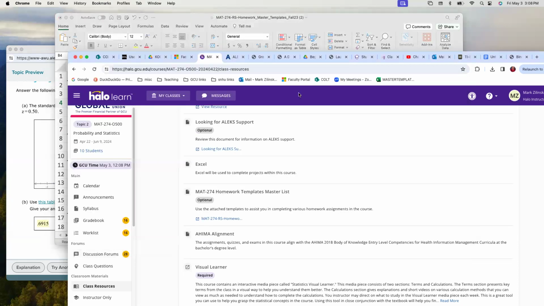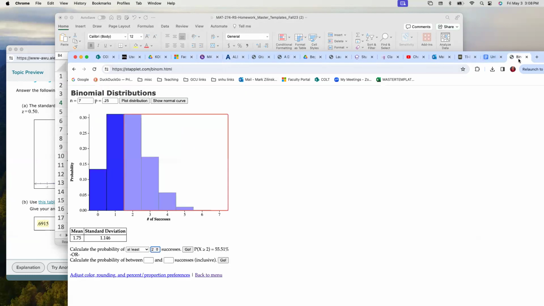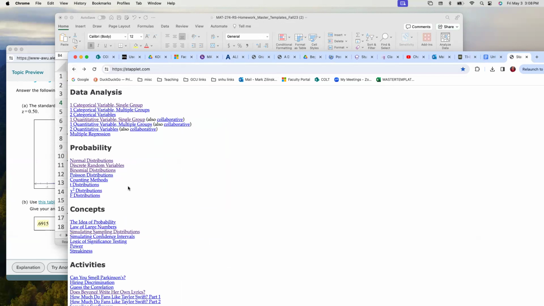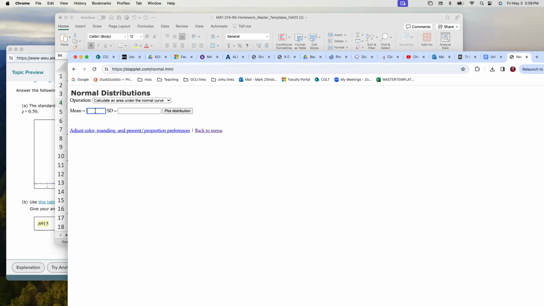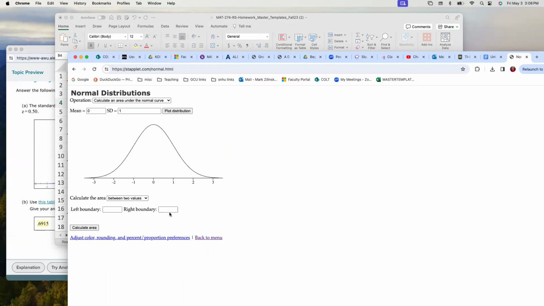And then the other option is to go back to the Statlet main menu here and get into normal distribution. We'll jump in there with a mean of 0 and a standard deviation of 1. Plot that distribution. We want to go to the left of a value, so we'll do that and put in 0.5.